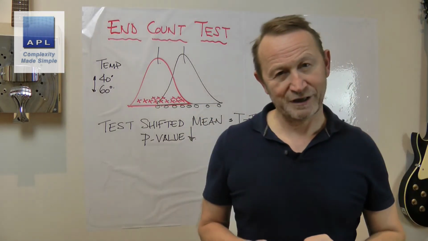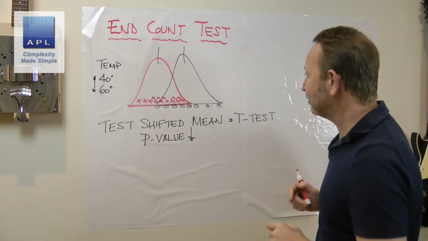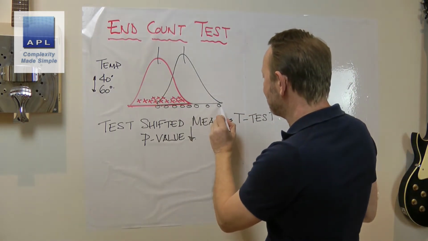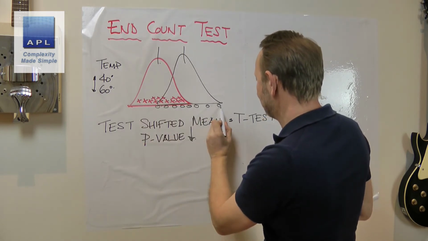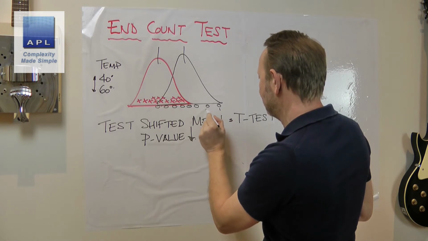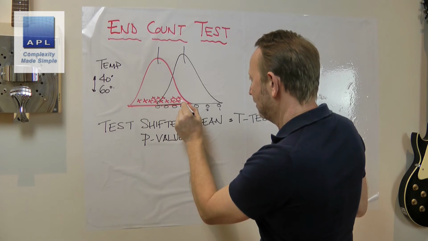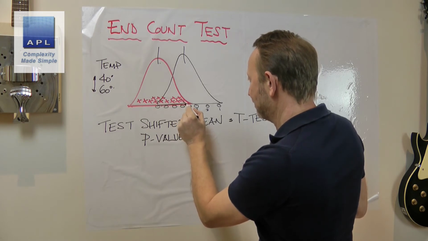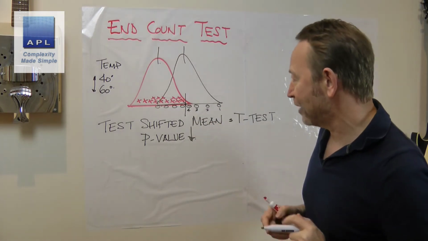Let's say it looks like that. Then we do what's known as an end count, and it goes like this. I count the black data free of any red interference. So I'm going to get 1, 2, 3, 4, then a red one appears in there, I will stop the count. So there's 4 this end.